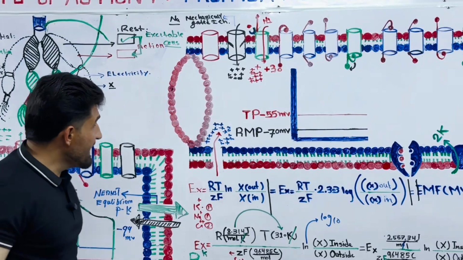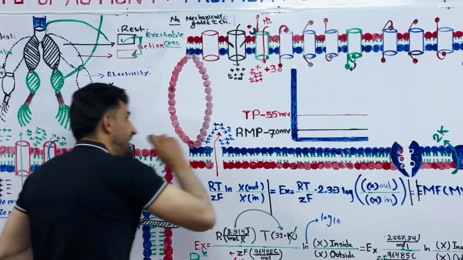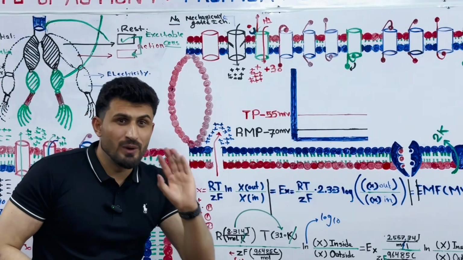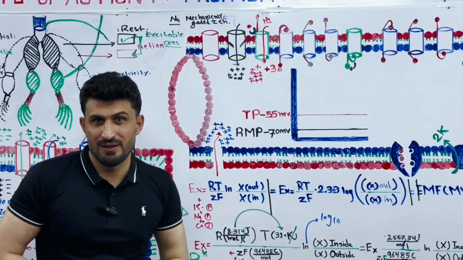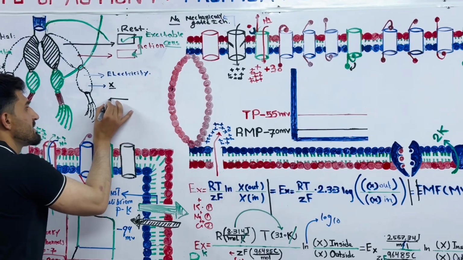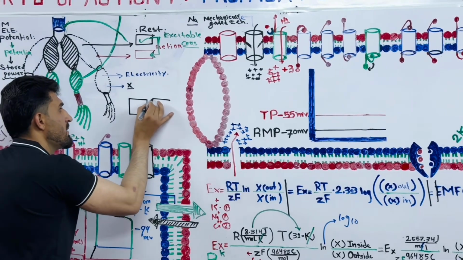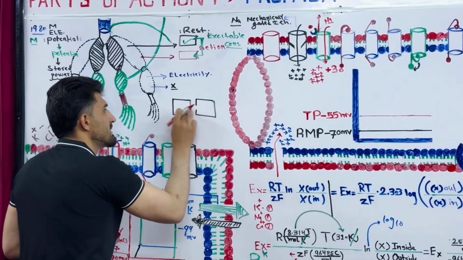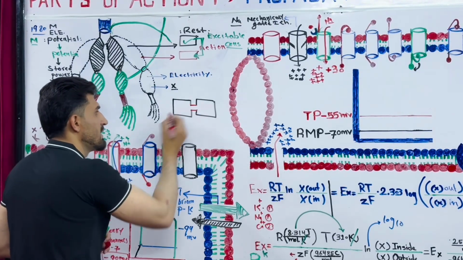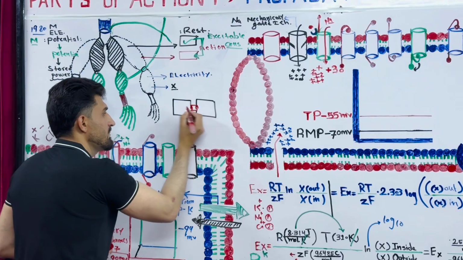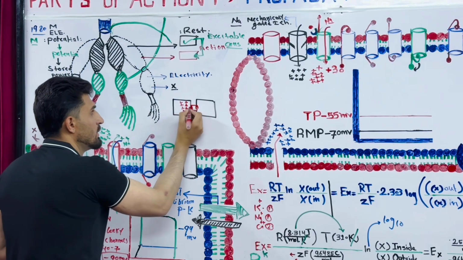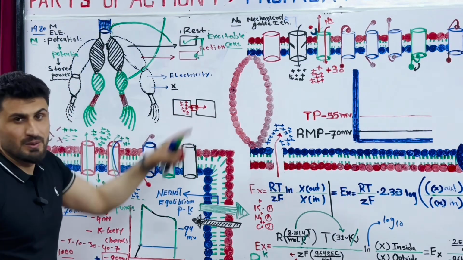Okay, the next way, we can enter a lot of positive charges through a gap junction from one cell to the next cell. For example, this is a cell, this is another cell, and here is a connection between them by protein, and positive charges can flow directly from this cell to this cell.